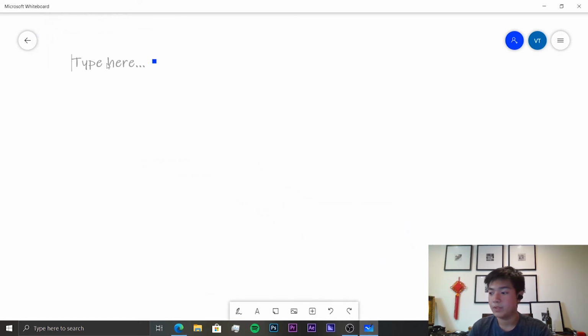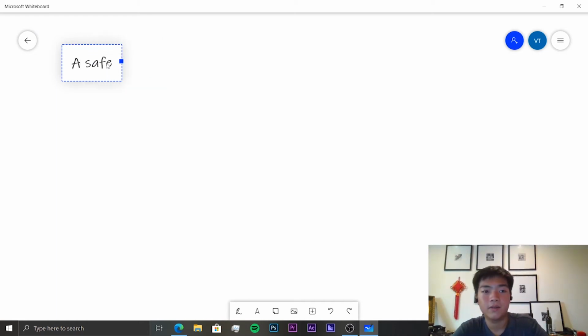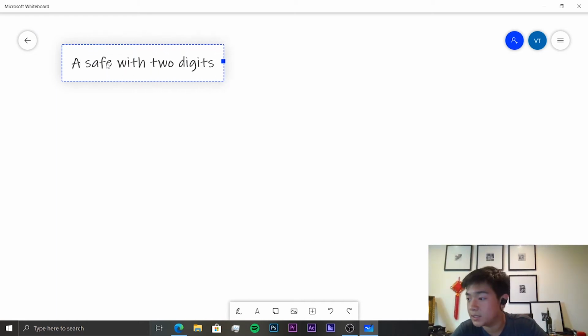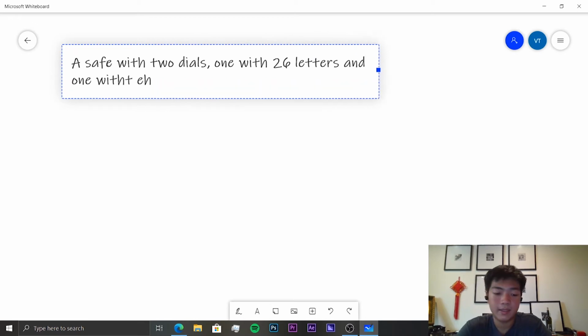So we have a safe with 2 dials. One with 26 letters and one with the digits 0 to 9.